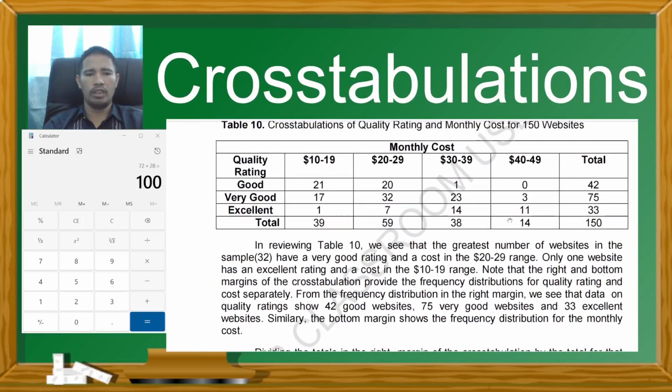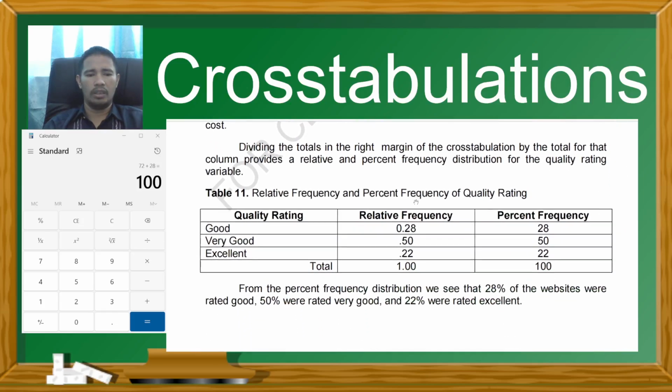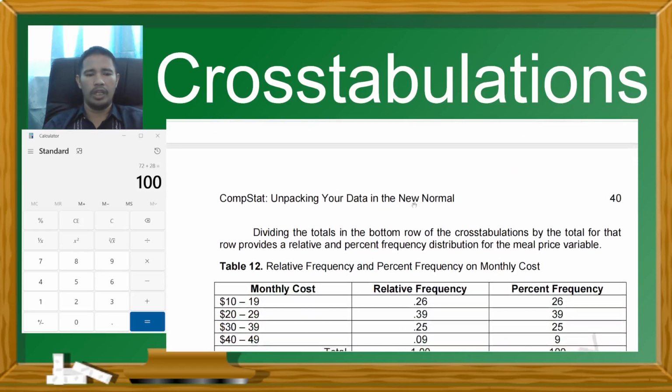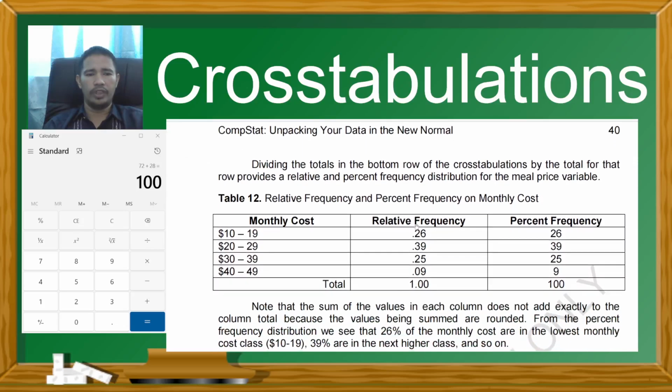For 10 to $19, there are 39 websites. 39 divided by 150 equals 0.26.